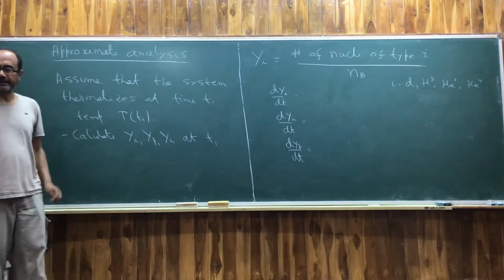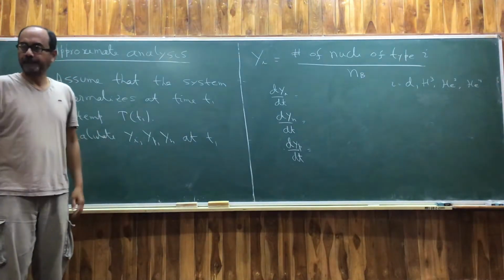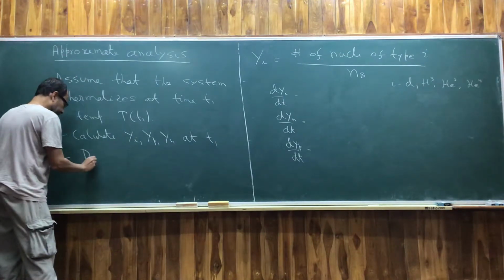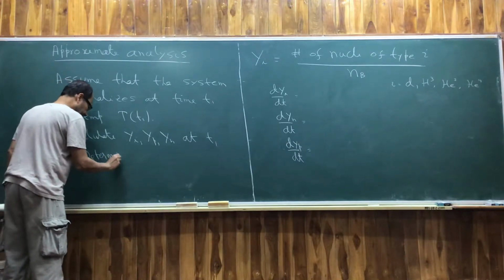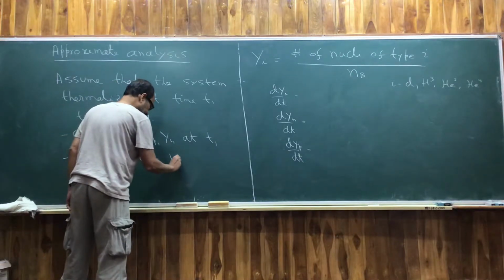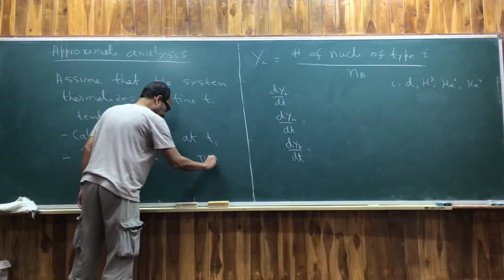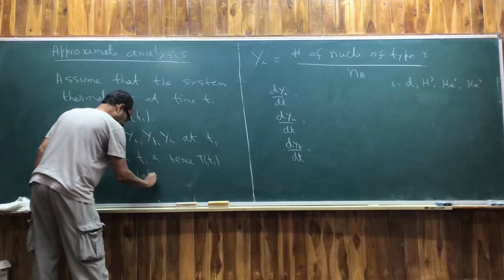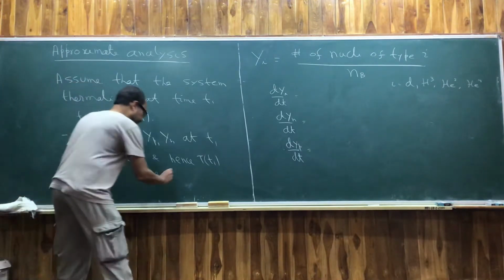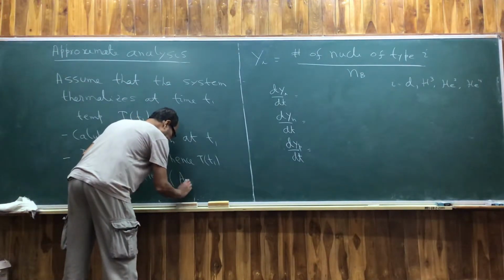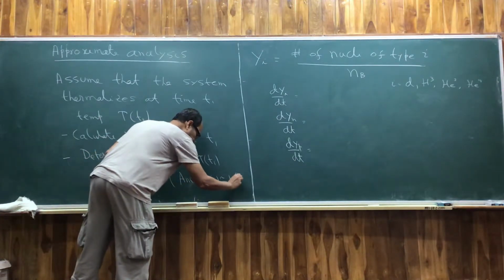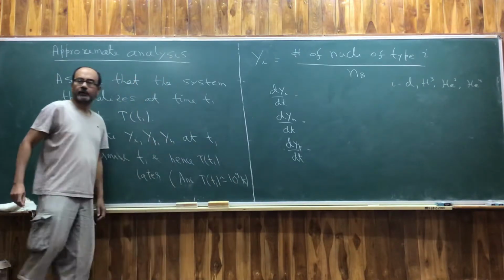This will tell us how things form. Then we'll determine T1 and hence T of T1 later. But let me give you the answer anyway. The answer will be that T of T1 is 10 to the 9 K, within an error of 10%.